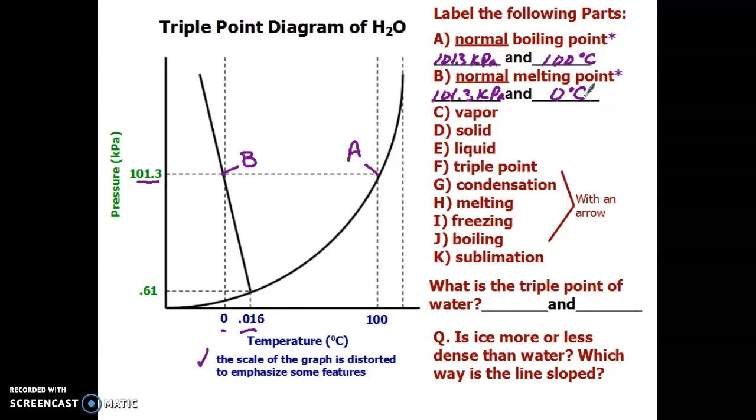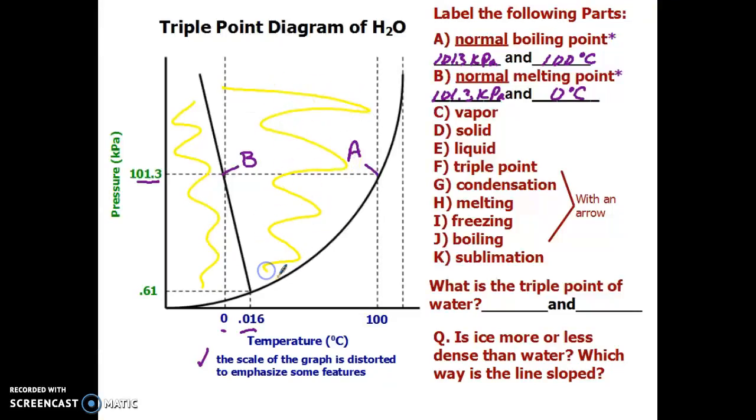At this point, we have three distinct areas of the graph. We have this area right here, all this area right here, and then this area right here. If the area to the very far left of that B is where freezing is, it makes sense to me that this part of the graph is where we have a solid.